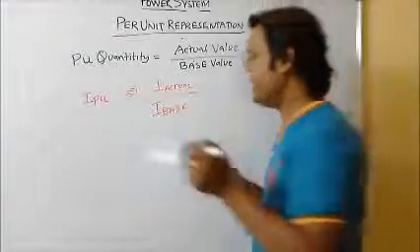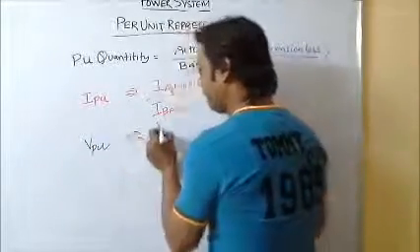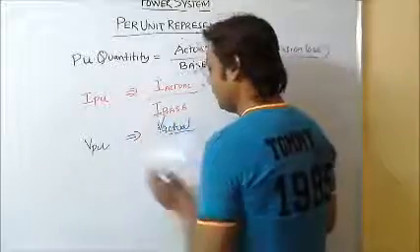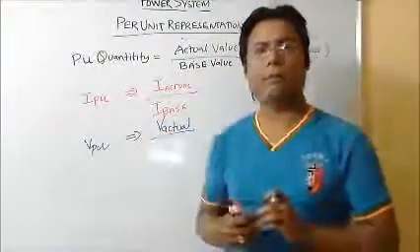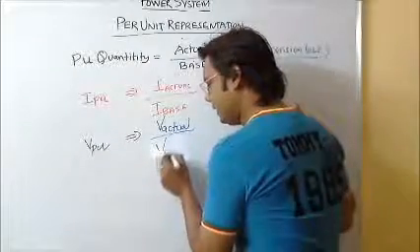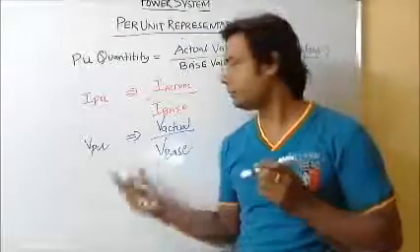In the same way, I can have V per unit also. If V actual is the actual voltage and V base we have chosen, V per unit would be V actual divided by V base.